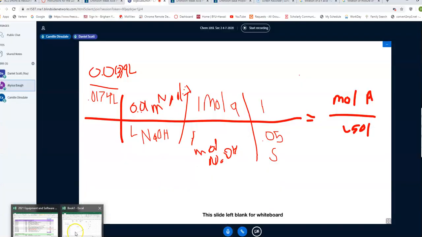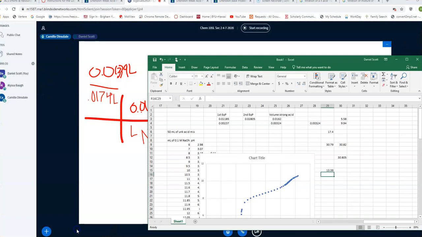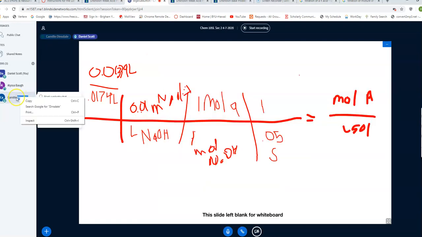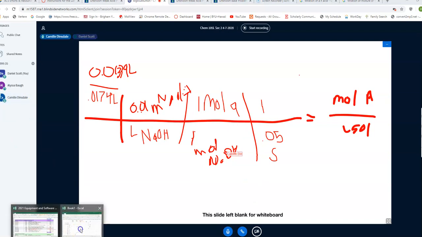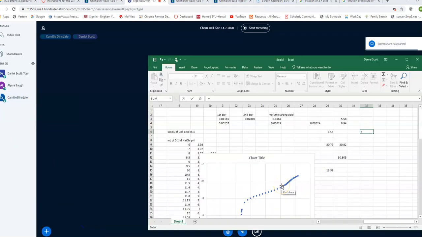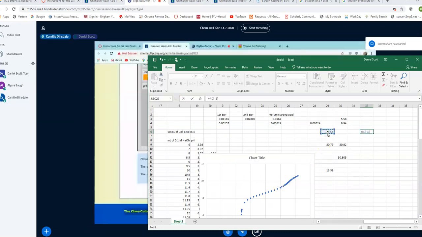Did you write it down somewhere? Yes, I have both of them written down. Did you share your desktop? I don't have the option to. Oh, sorry, I gave it to Alyssa. There we go.